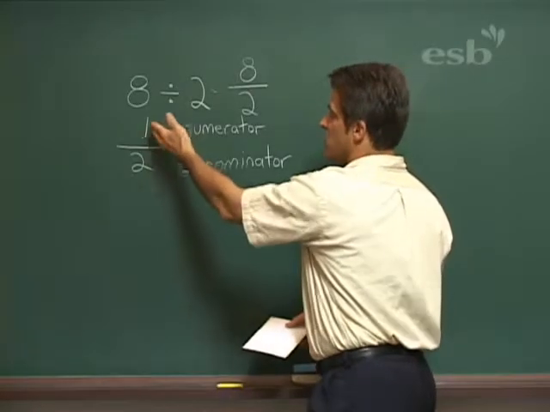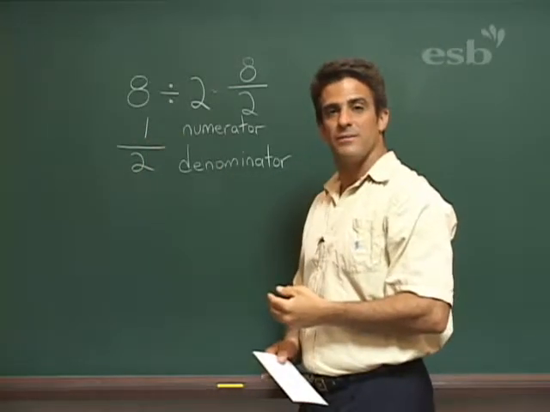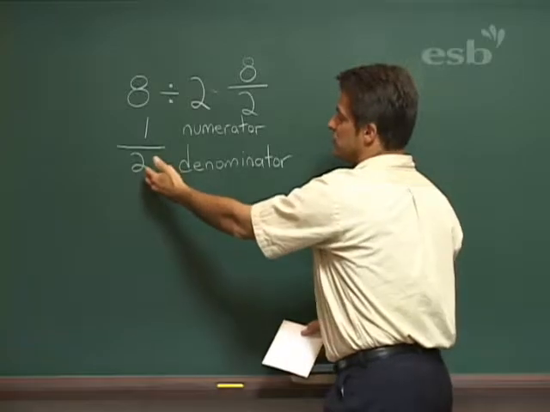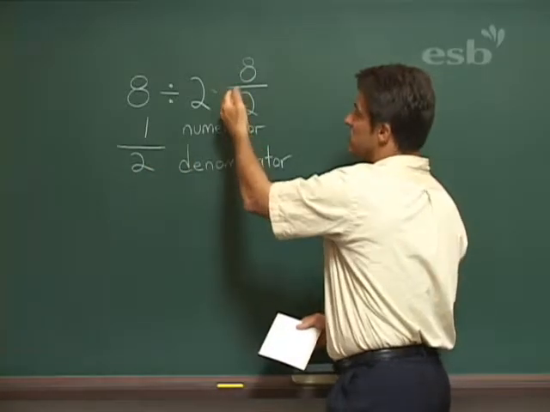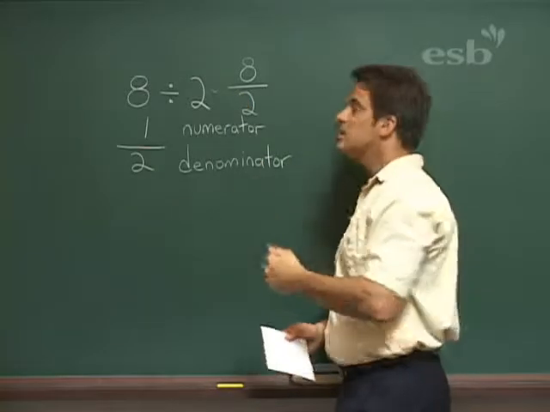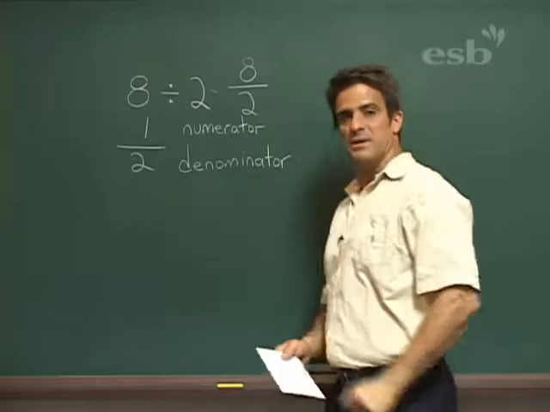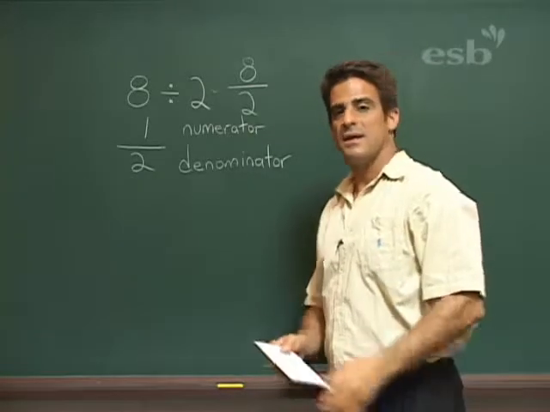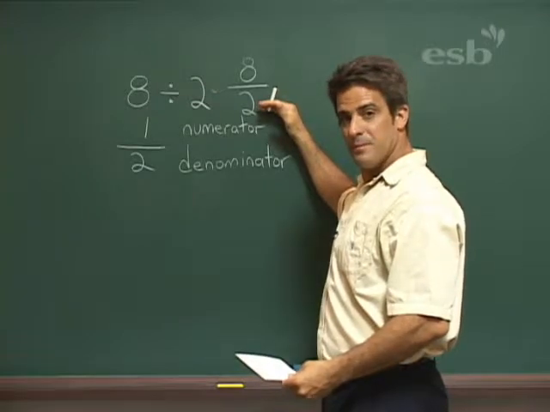So in the fraction 1/2, the number 1 is the numerator. The number 2 is the denominator. In the fraction 8 over 2, 8 would be the numerator, 2 would be the denominator. 8 on the top, 2 on the bottom.